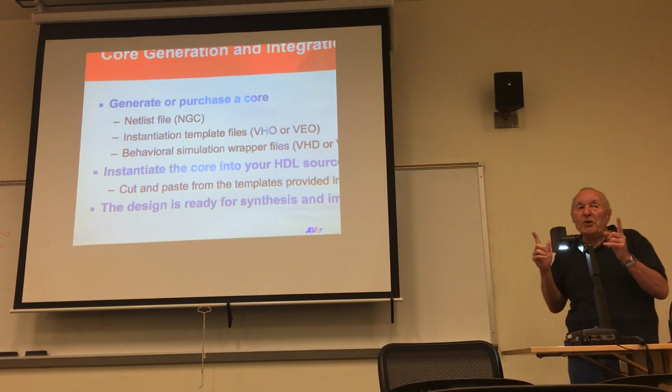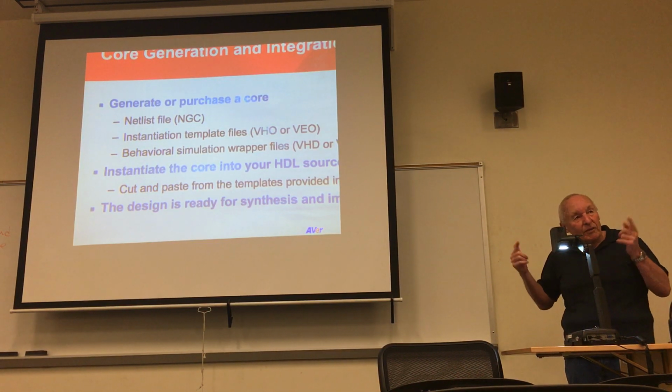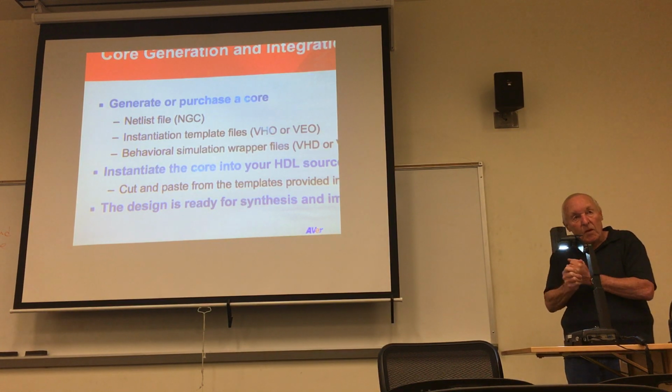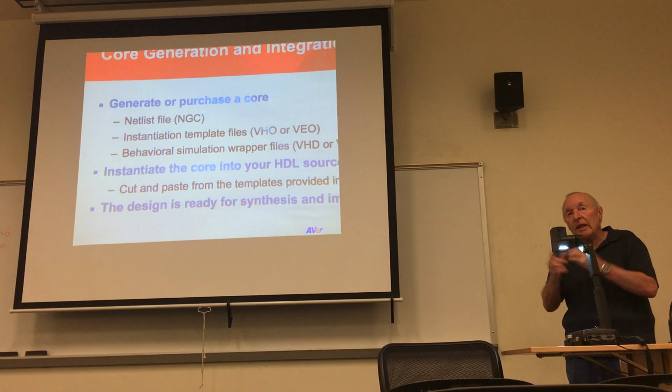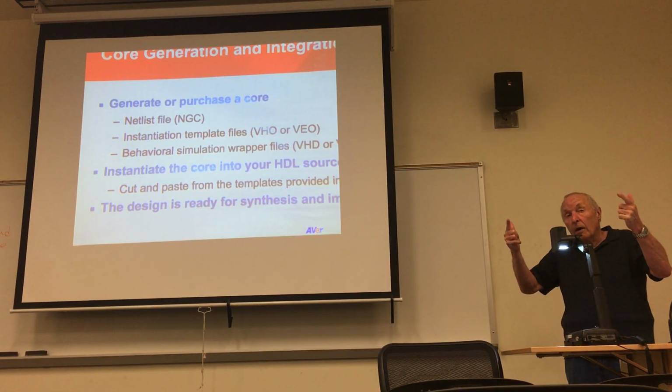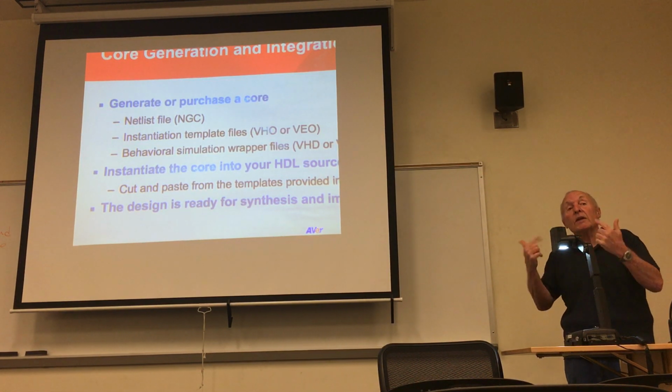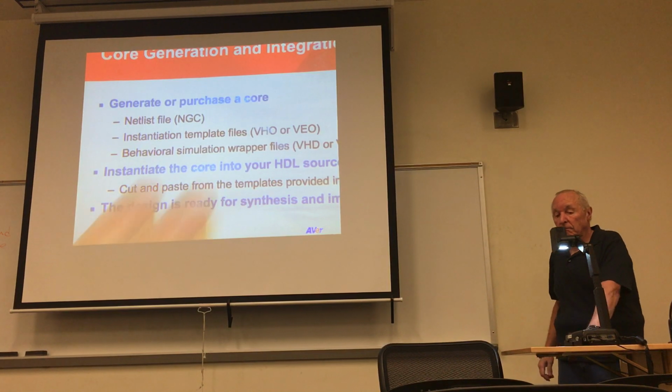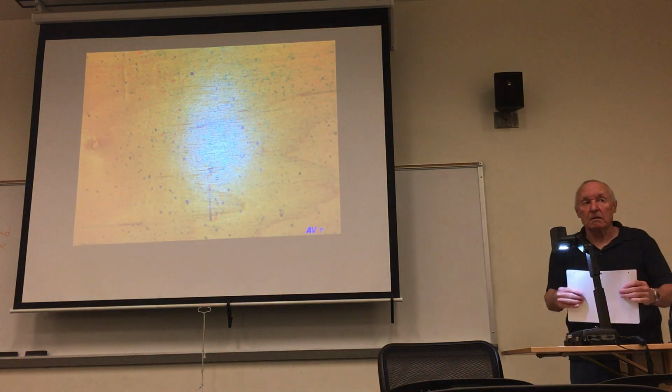So it's important that you know how to do the black box modules. Okay, they're real simple, but you have to use those if you're going to incorporate a core from an IP generation tool into your design. Does that make sense?